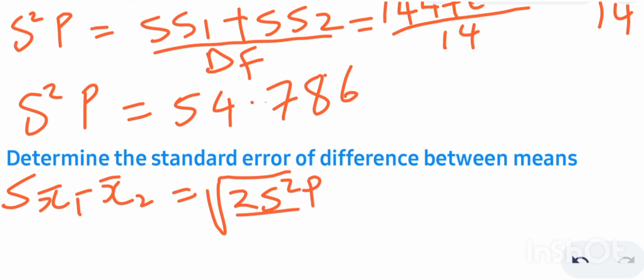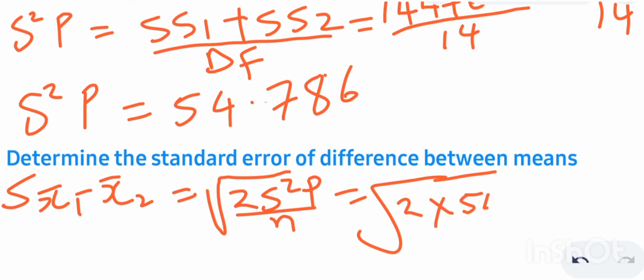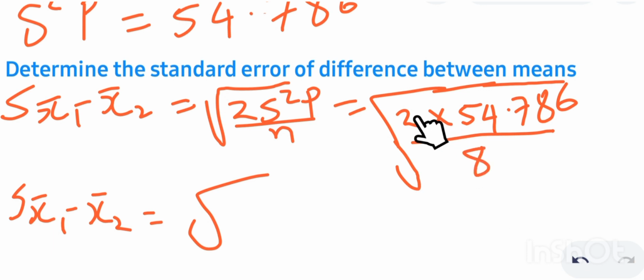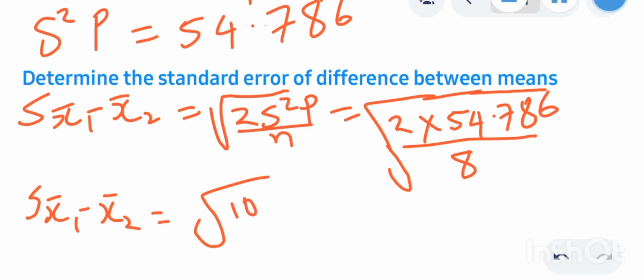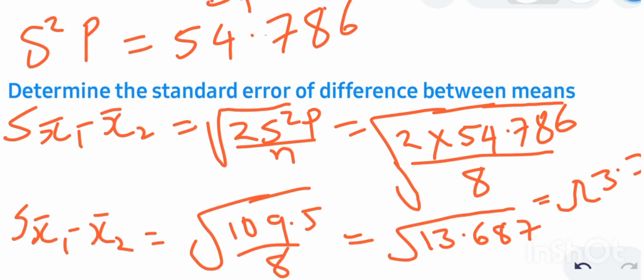That would be 2 times the value of our pooled variance, 54.786, over the sample size, which is 8. 2 times this gives 109.5, divided by 8, which gives 13.687. So the root of 13.687 gives approximately 3.7. So 3.7 is the value of our standard error.